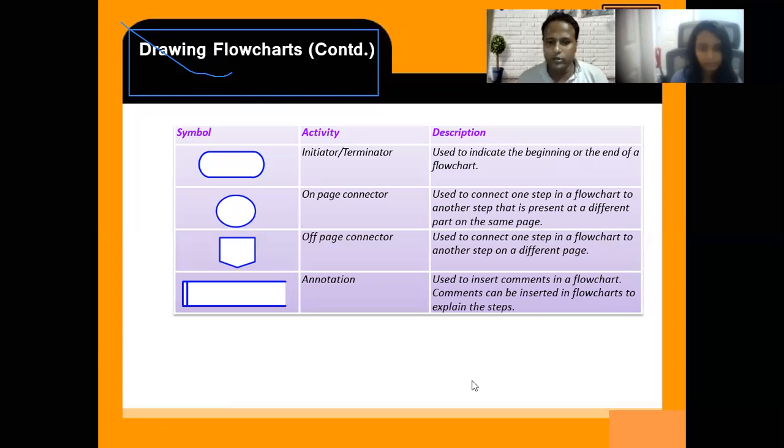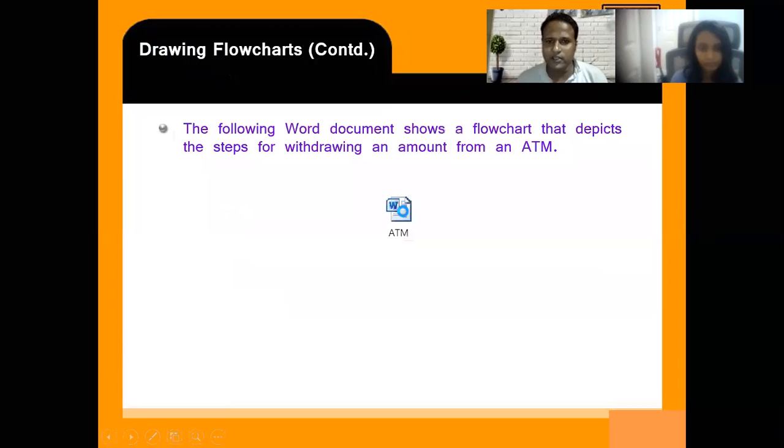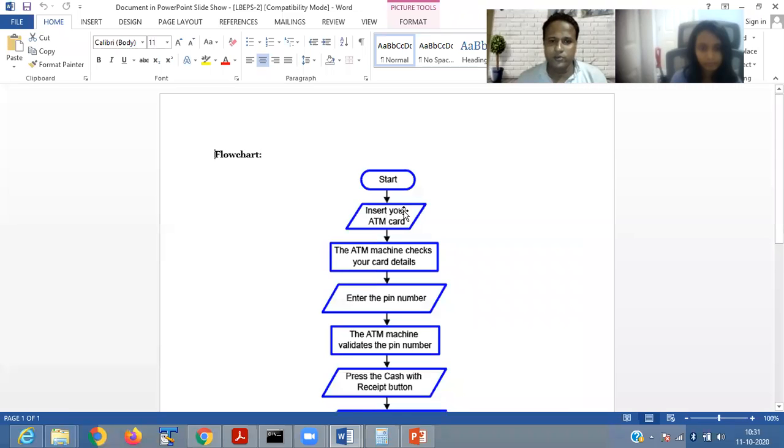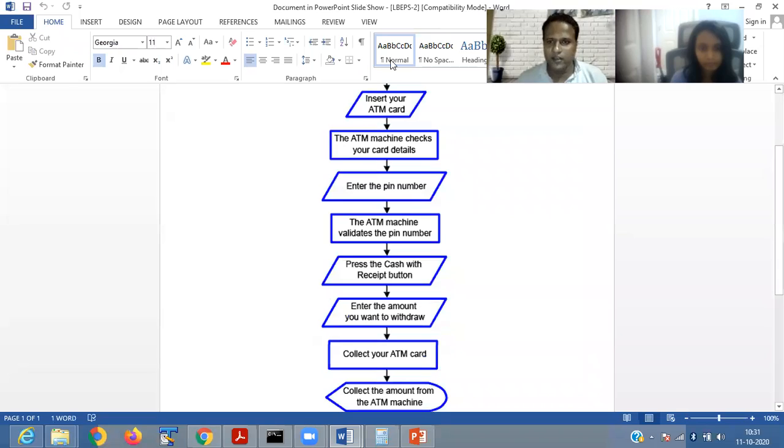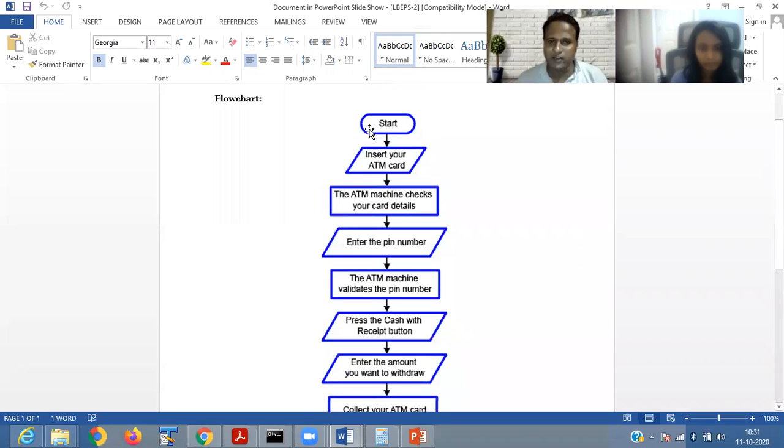Now I'm going to show a simple flowchart. What have we read here? It is a flowchart to withdraw an amount from an ATM. This is called the start of the flowchart.